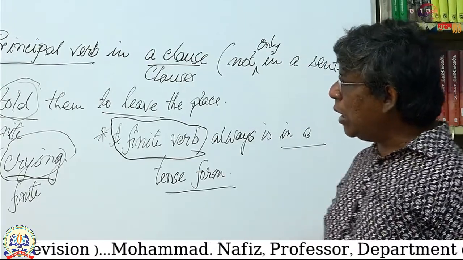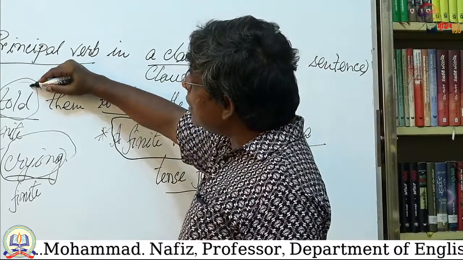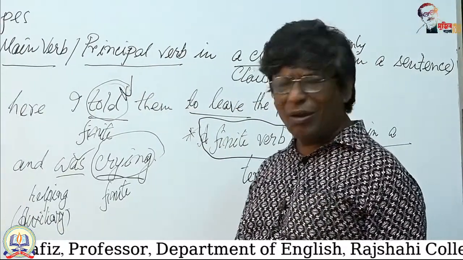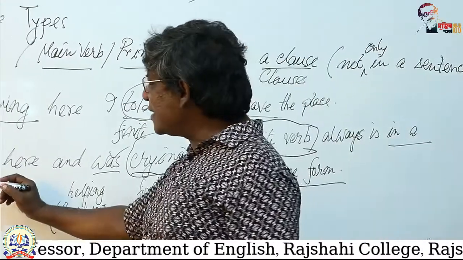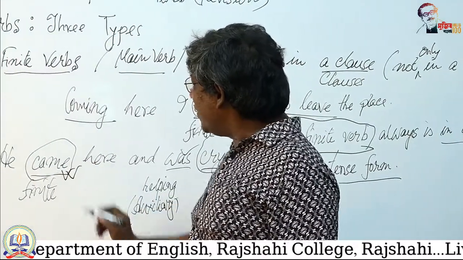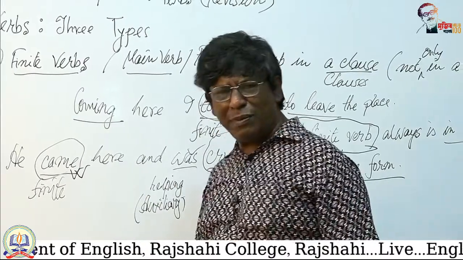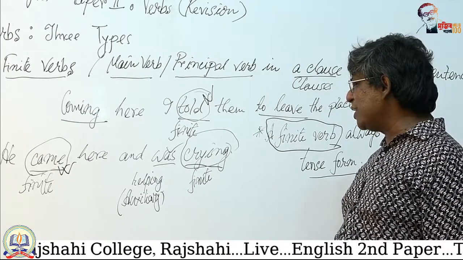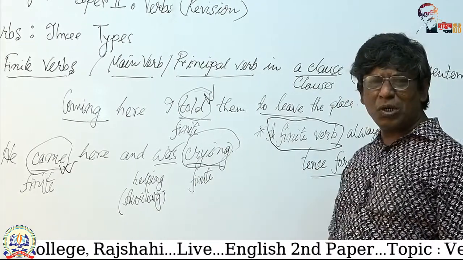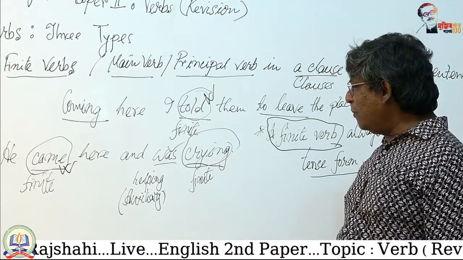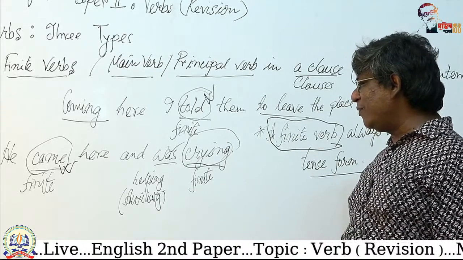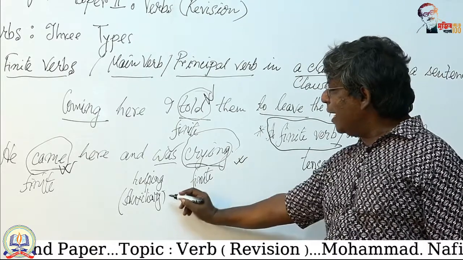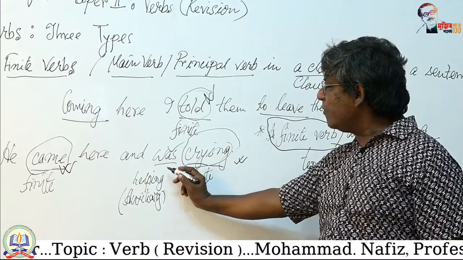For example, in the first sentence, told is a finite verb which does not have any auxiliary verb with it. In the second sentence, came is a finite verb. Both told and came are in the past indefinite form or simple past tense, and therefore they do not have any auxiliary verb. But the second finite verb in the second sentence, crying, is helped by the auxiliary verb was.